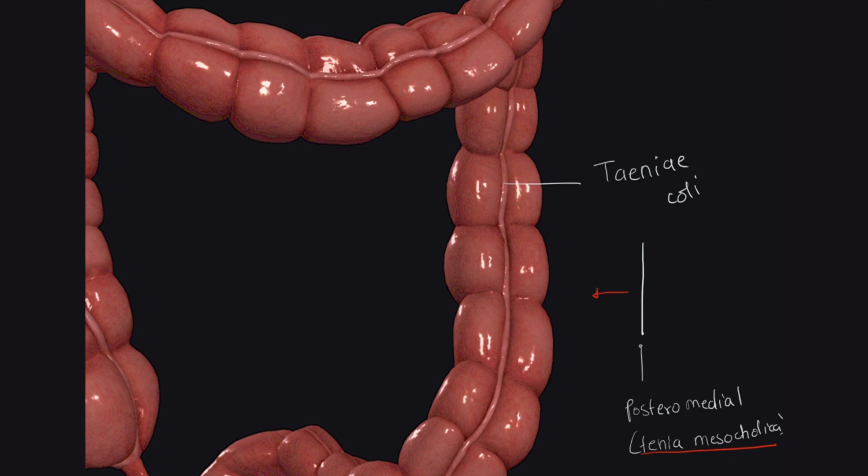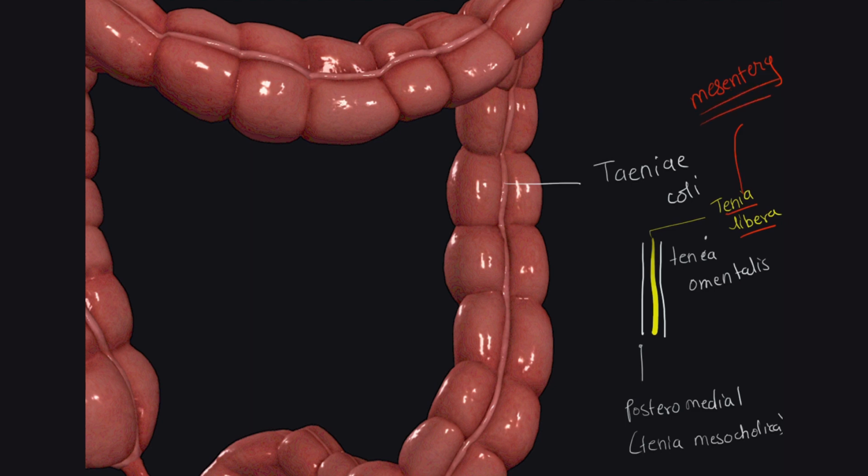Then we have another placed laterally known as taenia omentalis, of course, because the omentum is at the lateral region. So laterally we have the taenia omentalis. And lastly, in the medial region, you can find the taenia libera. And the taenia libera is the one that is associated with the mesentery of the colon.